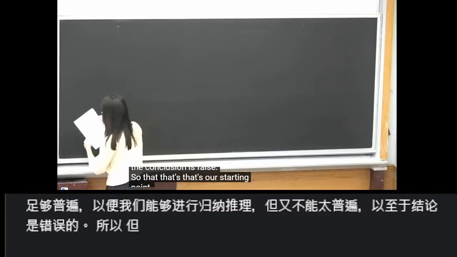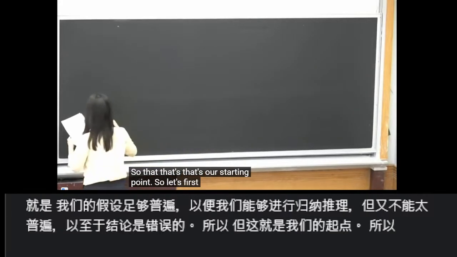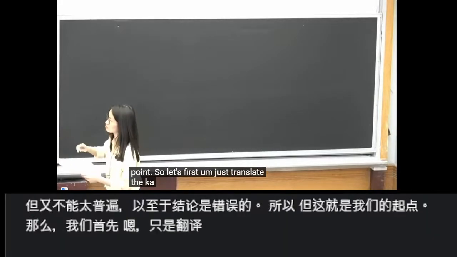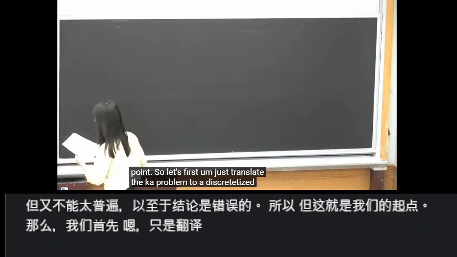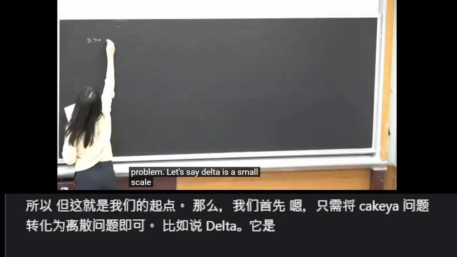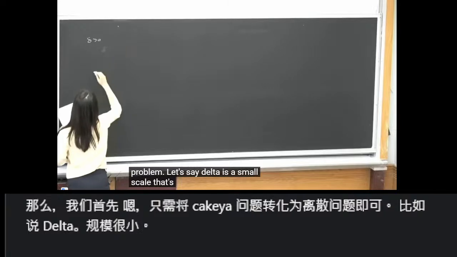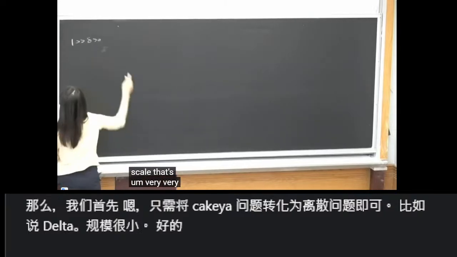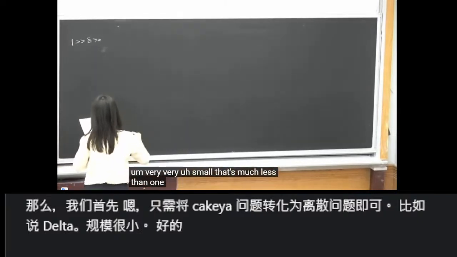So that's our starting point. Let's first translate the Kakeya problem to a discretized problem. Let's say delta is a small scale, much less than 1 and positive.